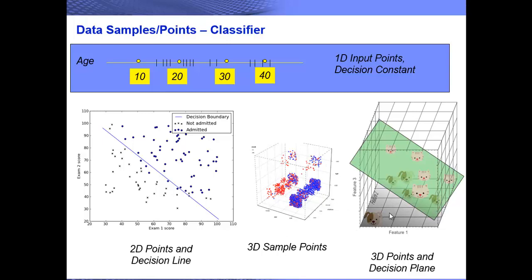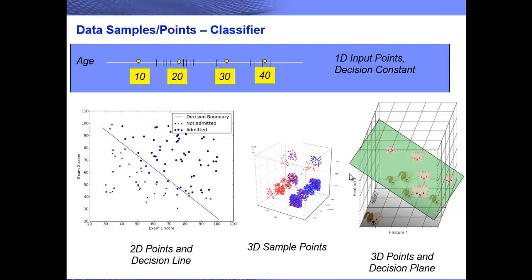In this particular representation, this is three-dimensional data, feature 2, feature 1 and feature 3, and the ones with the ponytail are actually one class, and the ones which have these three hairs are actually the other class.